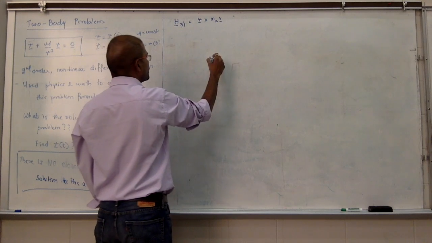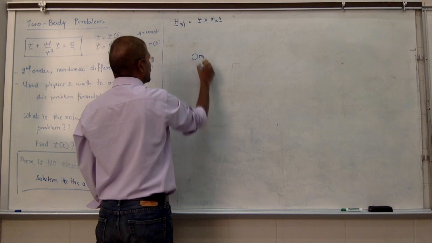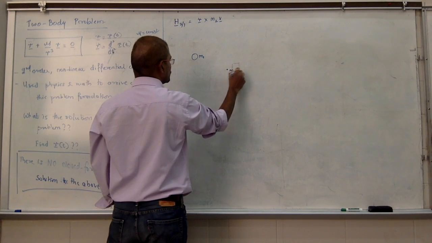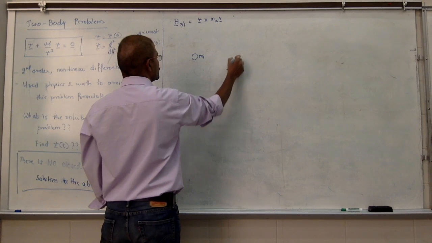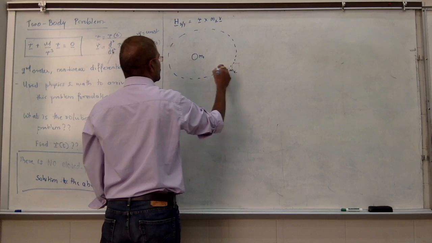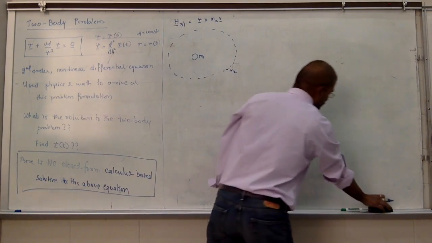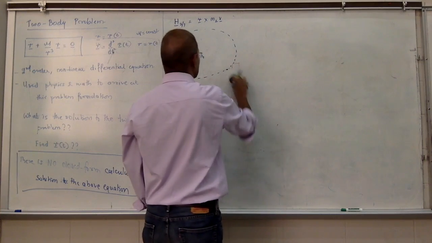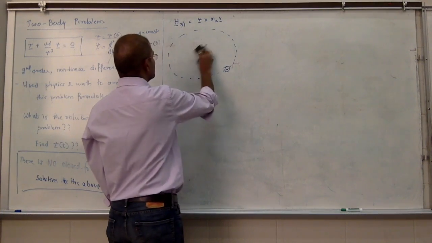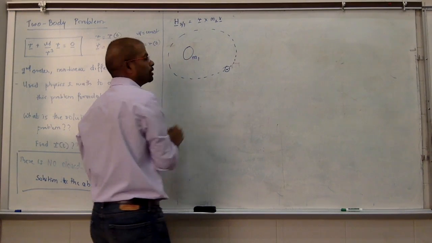Okay? So here, what you say is, so we have been talking about this m1, right? And m2, right? And this m2 is orbiting around m1. You can think of m2, and the bigger particle is m1.